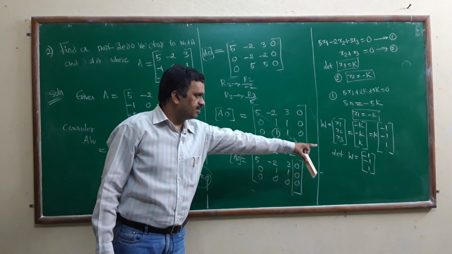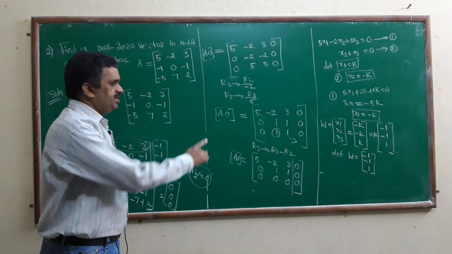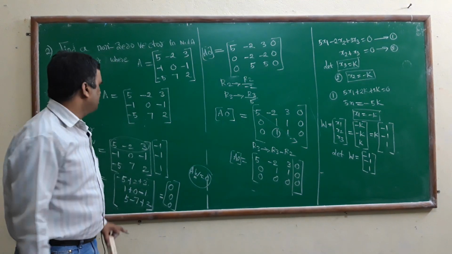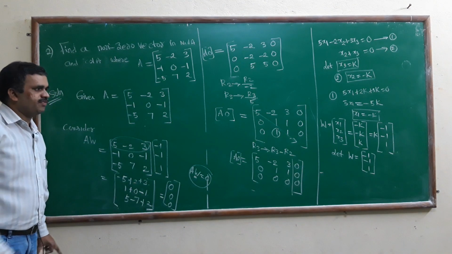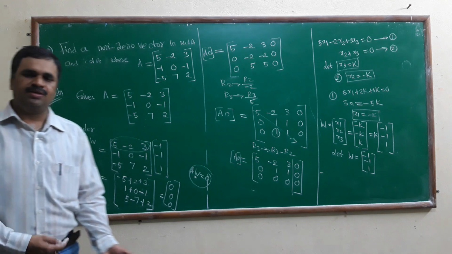Here I got a non-zero vector w in null A. For verification, again I considered Aw, I got the 0 vector. So therefore I can say w is in null A.